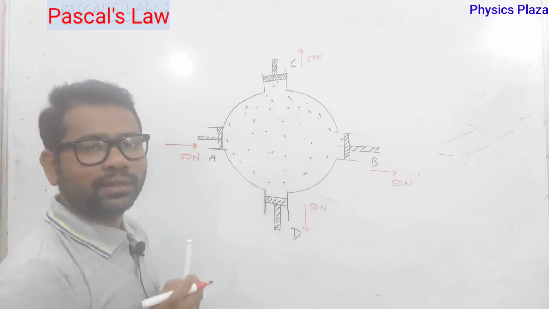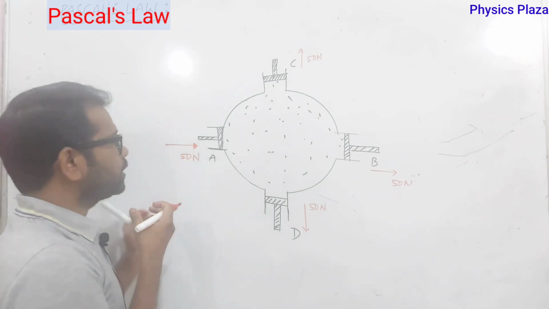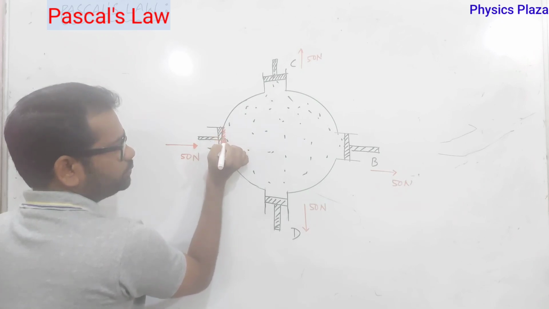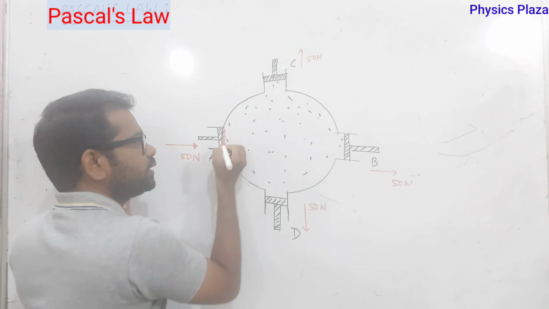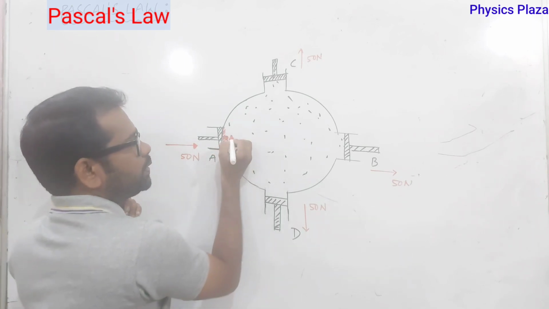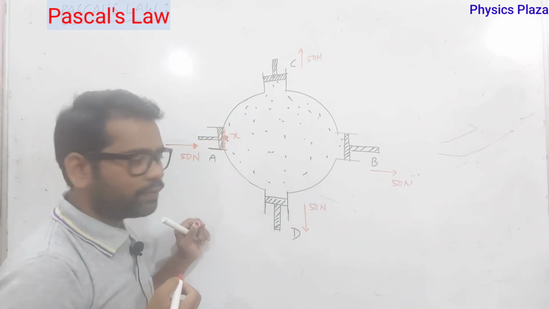Why is it happening, children? Let us do the analysis in a simple manner. You are applying force on the surface area, am I right? So how much pressure are you giving here? Some pressure X, clear?